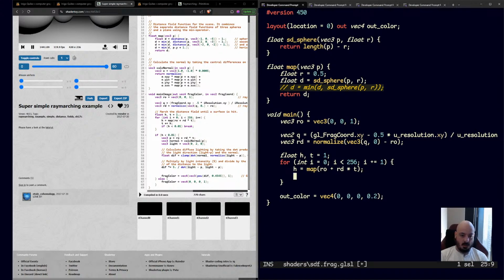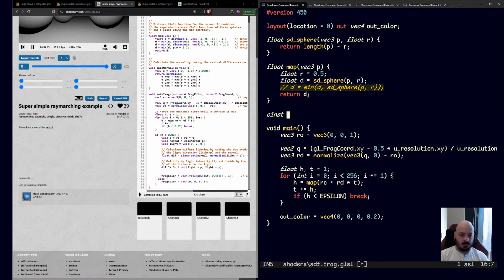That gives us our current next position, I guess. If H is less than 0.01, break. So this is the epsilon, I'm just going to call it that. H is less than epsilon.